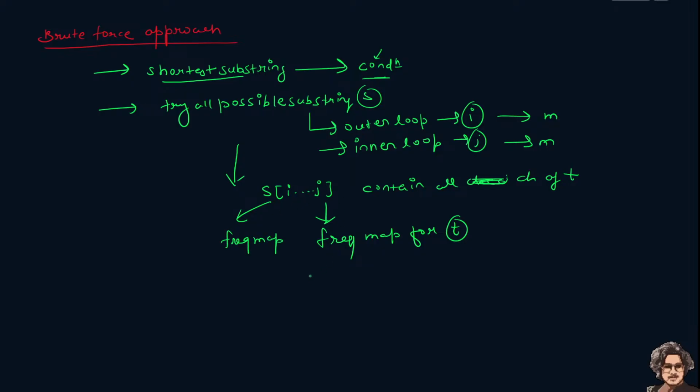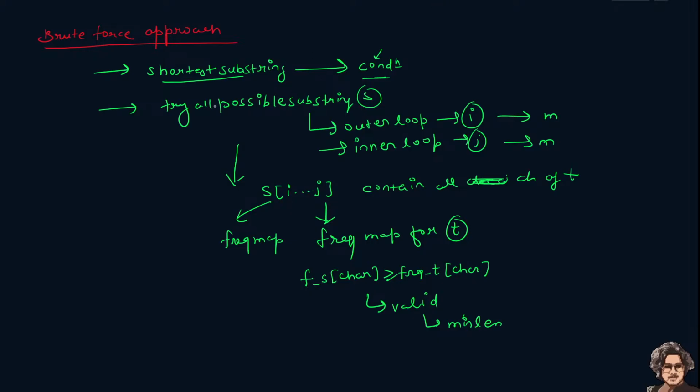Then check every character in t: if the frequency in s of that character is greater than or equal to its frequency in t, then it is valid. And if valid, we update the min length. So this is our target. This is how the workflow goes.